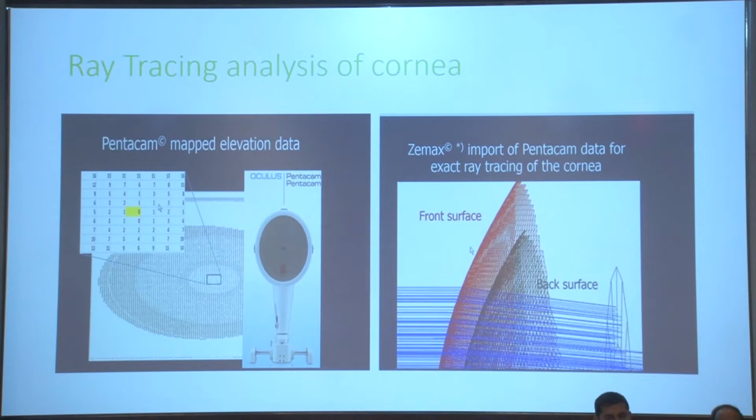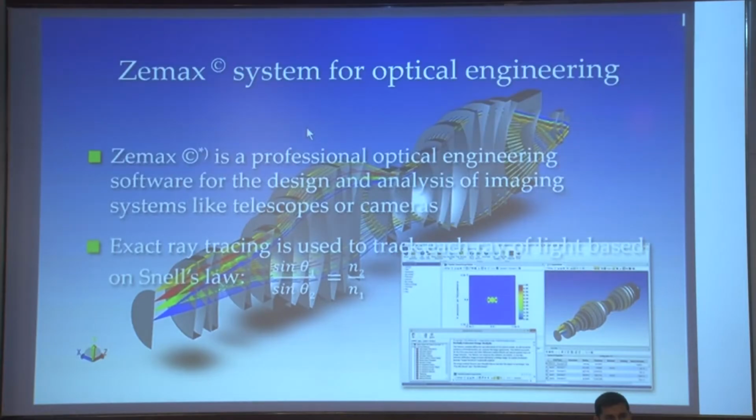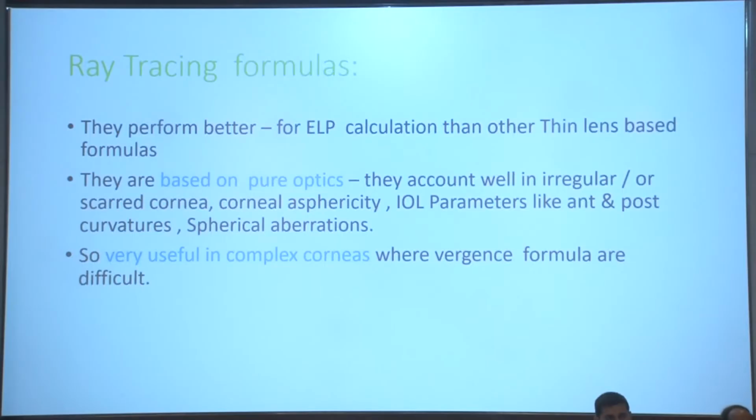So we are getting very good corneal topography in such a way that we can use this data, considering what is the corneal power exerted at which level of the cornea. So ray tracing formula performs better where the effective lens position calculation formulas or thin lens based formulas are not working well, like abnormal corneas, like scarred cornea, where corneal sphericity is not good. In such conditions, I think Dr. Thesis is talking in the talk about how to manage a patient having an abnormal cornea.